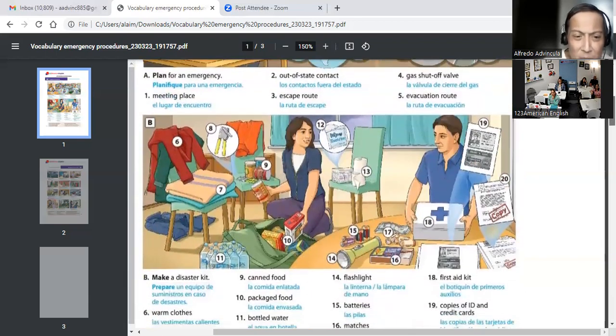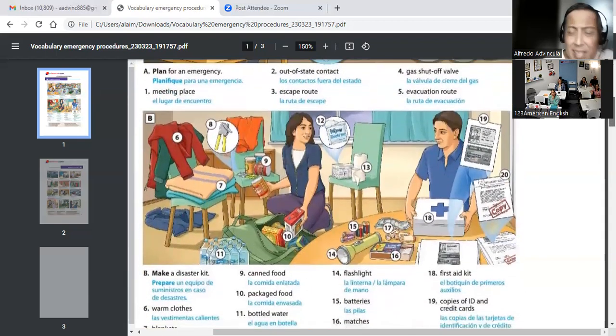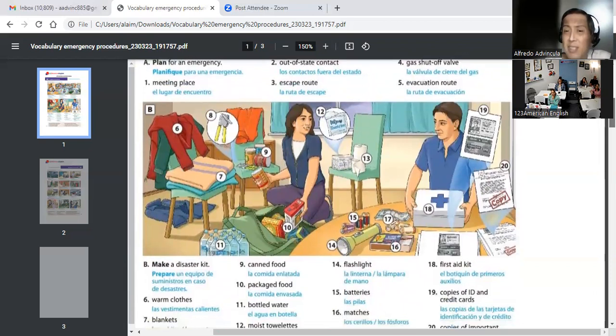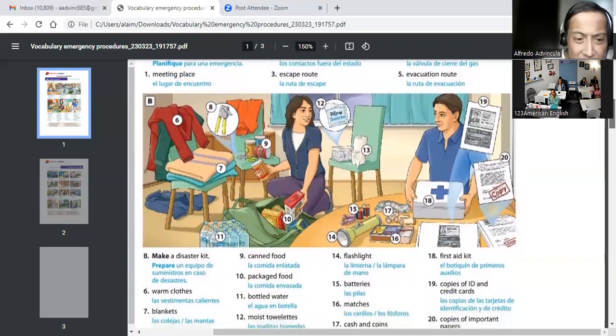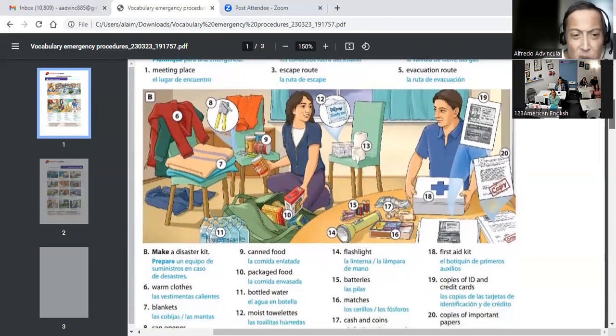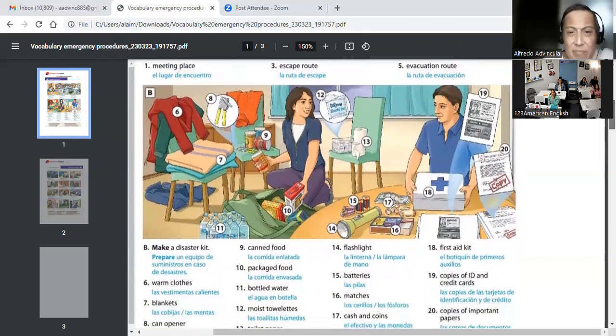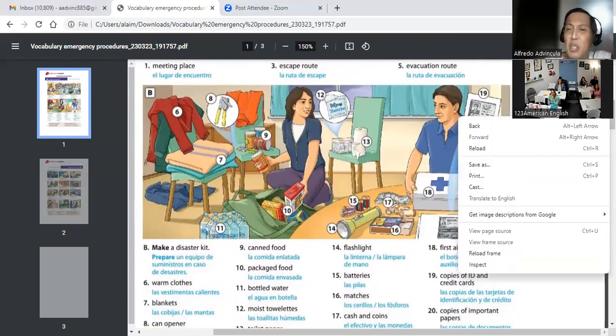And now we're talking a little bit about supplies, as we can see in the pictures, guys. So here, what are some things that you can see in this picture?